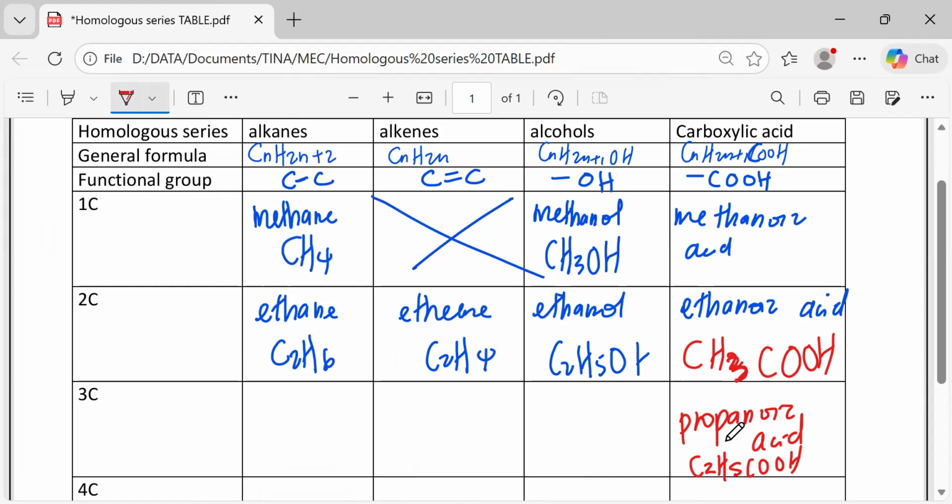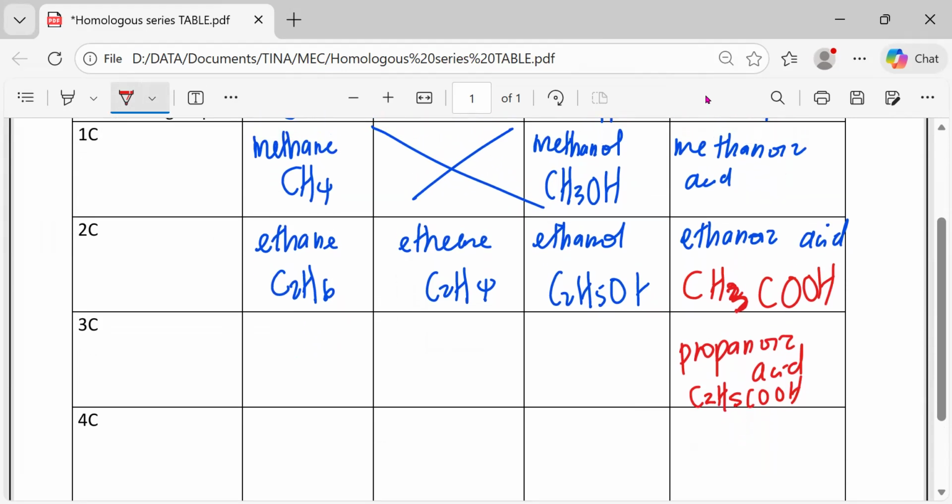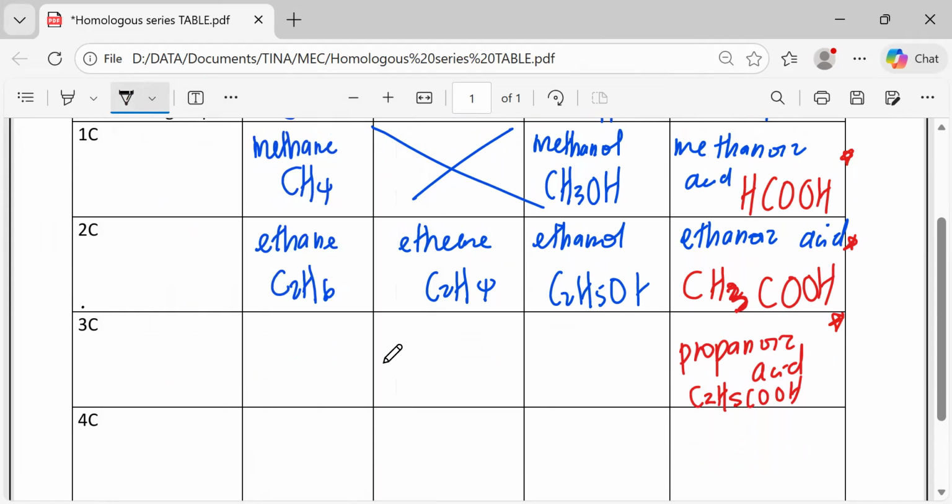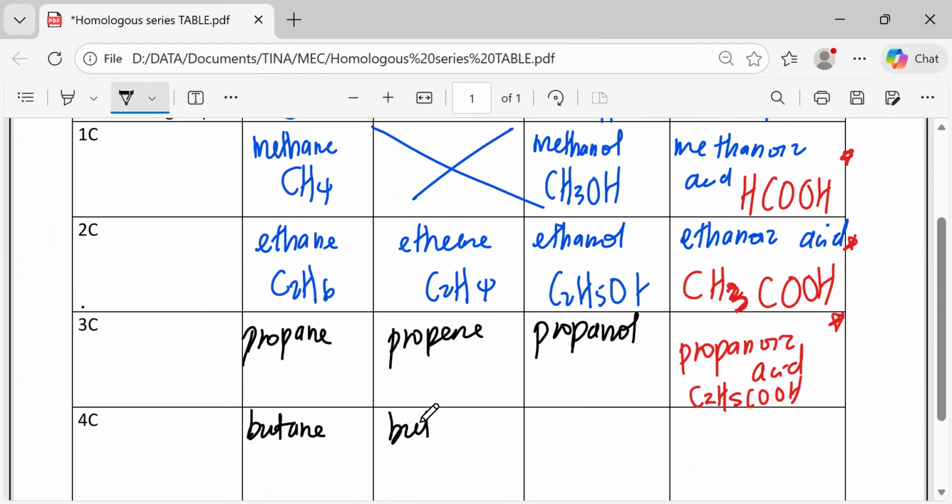Okay, so quickly, change. Methanoic acid will be HCOOH. So this is the one. Don't worry, everybody forgets. Check carefully.